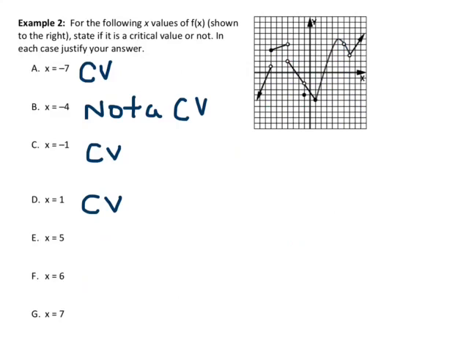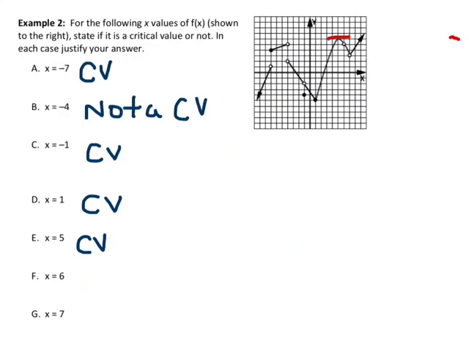Let me go ahead and notate that on my graph in case you can't see it. Well, what can you tell me about the tangent at that point? The tangent at that point is a horizontal line. So the slope, or derivative in this case, is 0. So is it a critical value? Well, it's defined at that point, and the derivative is 0. So of course it is a critical value. That's our justification there.